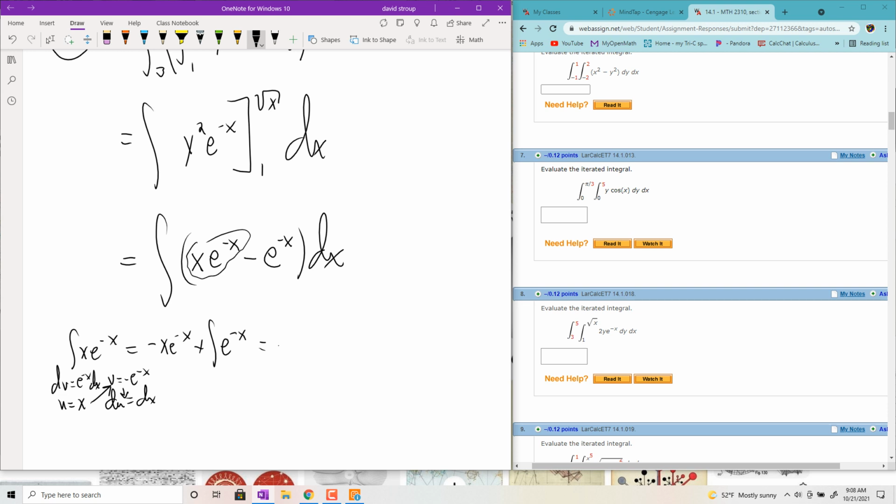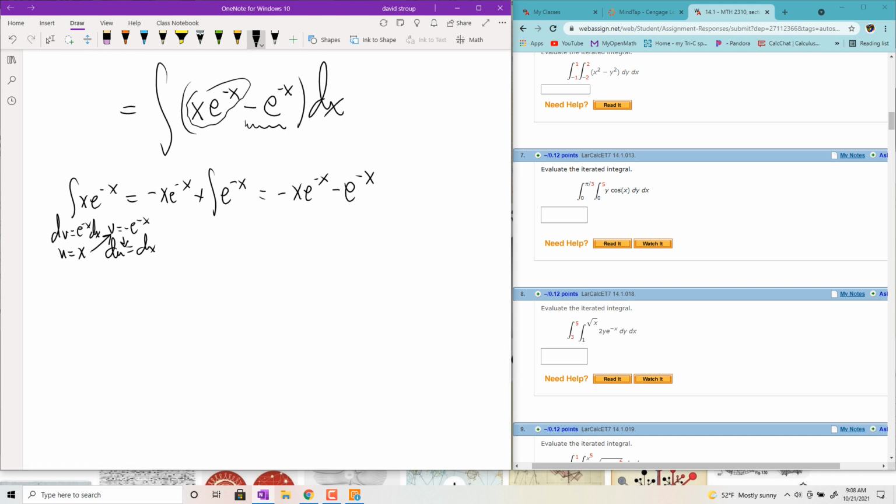And then, of course, that will be negative x e to the negative x minus e to the negative x. All right, so then the integral of this part is going to be a plus e to the negative x. So this part and the integral of that part will cancel each other out. And you'll be left with negative x e to the negative x.